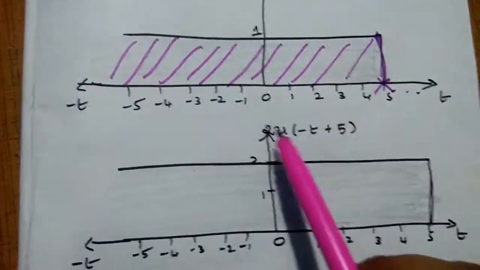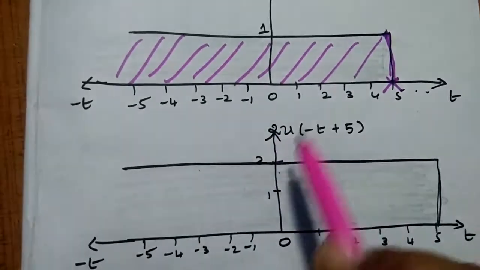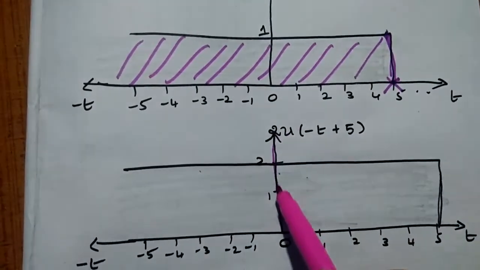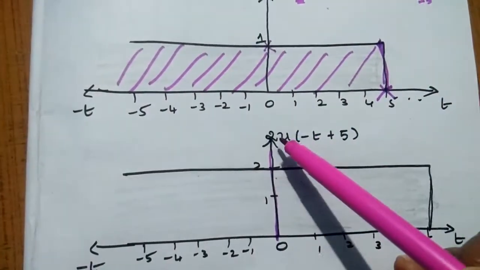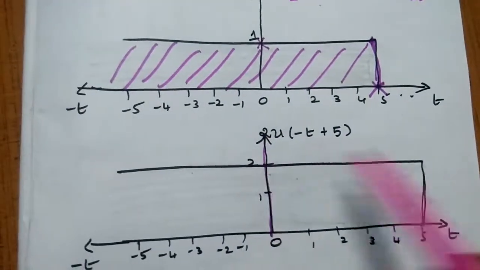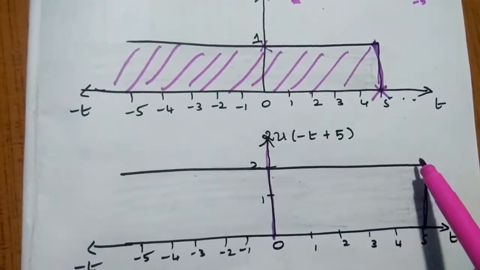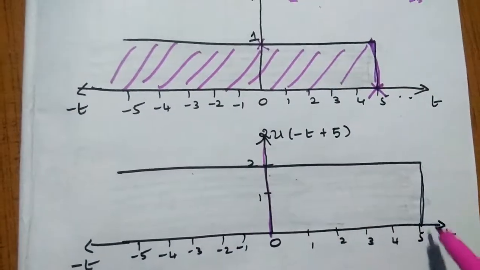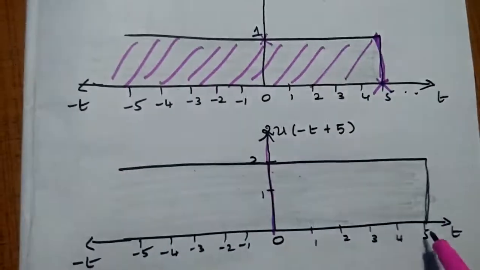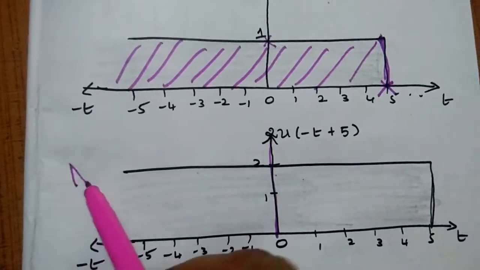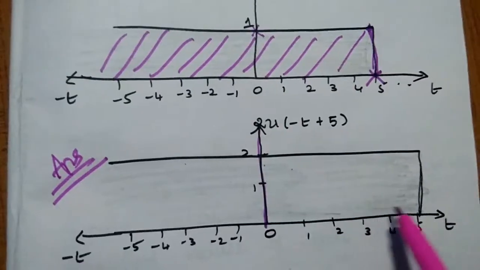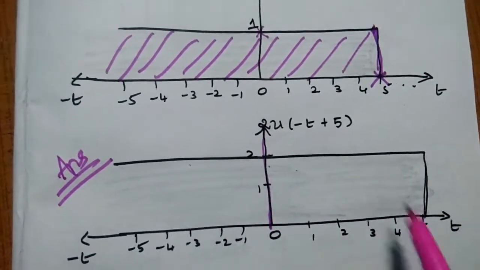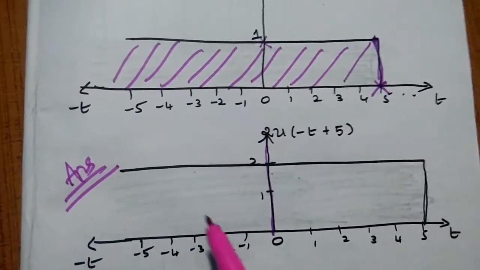Next, the amplitude is multiplied by 2. This y-axis is the amplitude. Here the amplitude is 1, and that 1 is multiplied by 2. So now we have the same signal, 2 times. Its amplitude is 2 and it is u of minus t plus 5. So this is the answer. The amplitude is 2, and the signal is time reversed and shifted by 5 units.